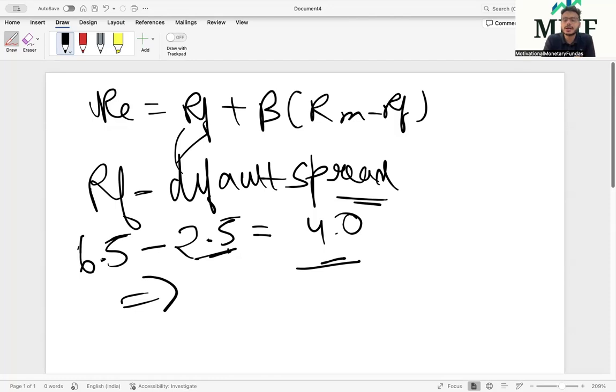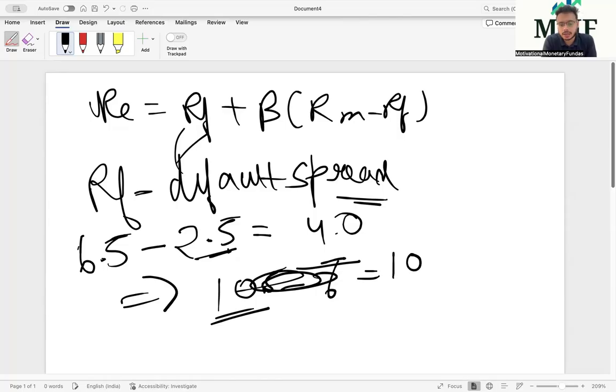So if a corporate bond is giving me some 8% and the government bond gives me 6.5%, then my default spread comes out to be 1.5%.